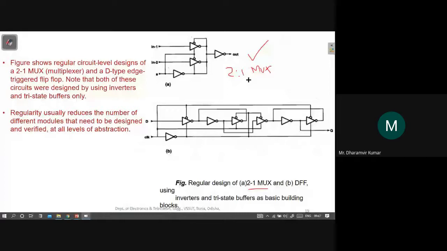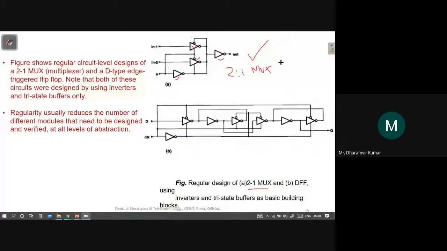Look at this: this is an inverter, and this is a buffer circuit, a tri-state buffer. So one type is an inverter and the other type is a tri-state buffer. Instead of three types of gates, that is AND, OR, and inverter, this circuit is only using two types of gates, that is tri-state buffer and inverter.